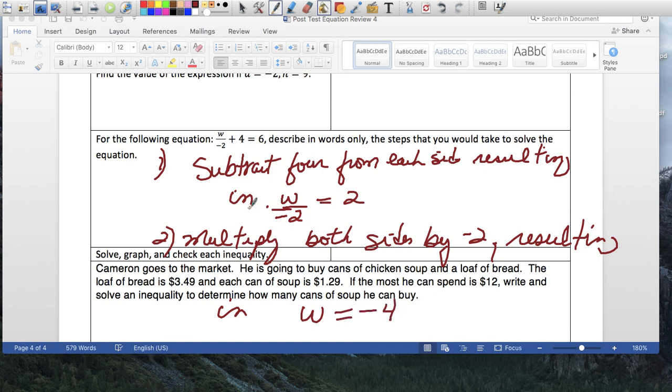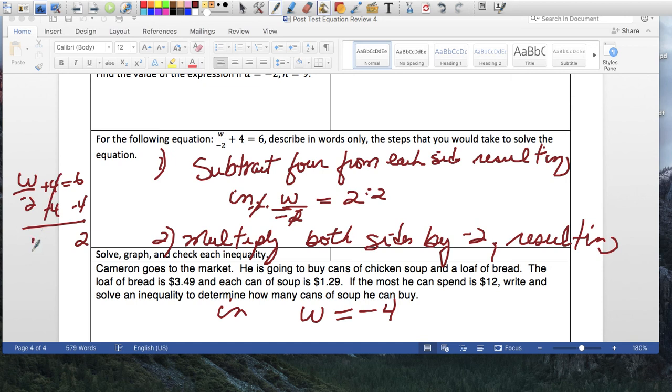If I multiply this by negative 2 and this by negative 2, this would cancel out. And 2 times negative 2 is negative 4. There's nothing here that says I can't do the problem first on the side.